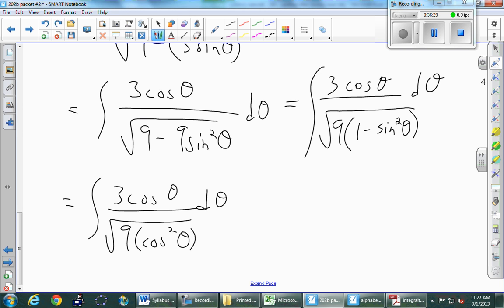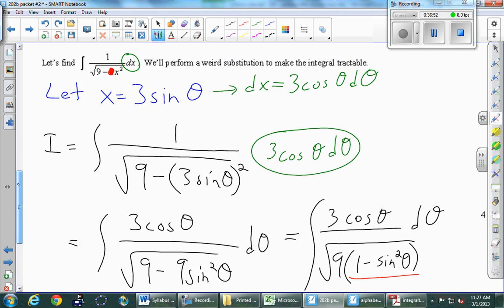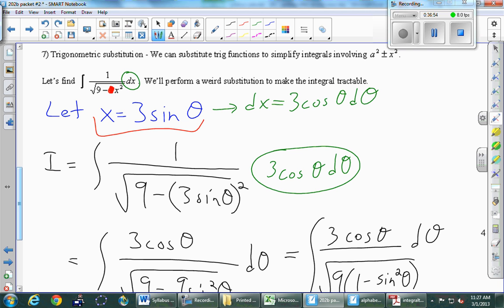That's the idea. So it's still not clear that we're going to get to an integral we can do, but that moment where we got to replace 1 minus sine squared with cosine squared, that was why I did this very strange thing right here. Why did I put a 3 there?